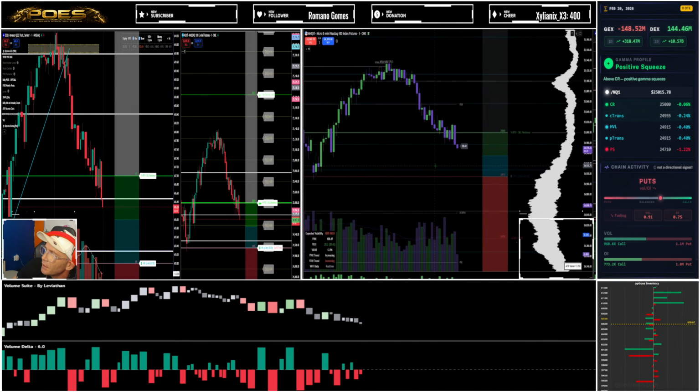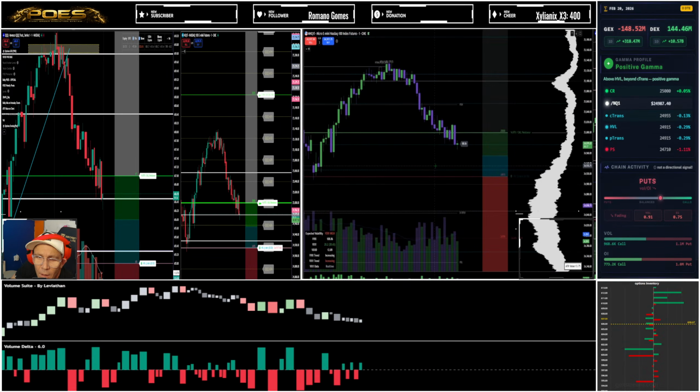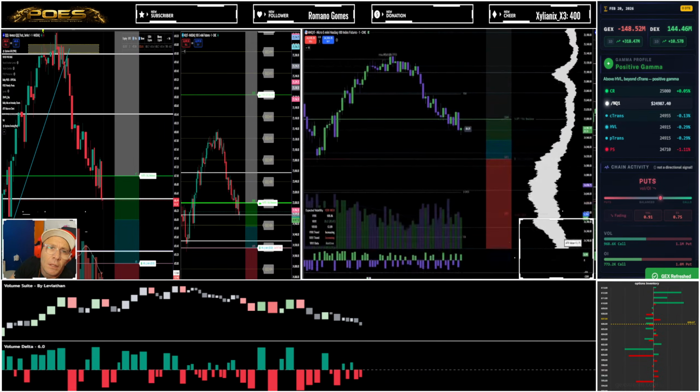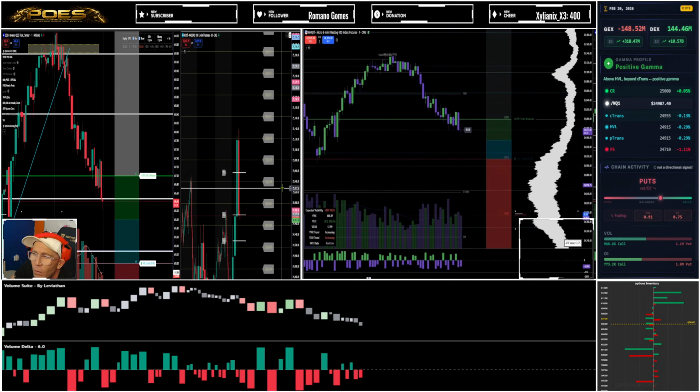This was the London close. So are you looking to sell London? Buy New York. Right at the push support. On the half an hour, where do we look? Hoofy.